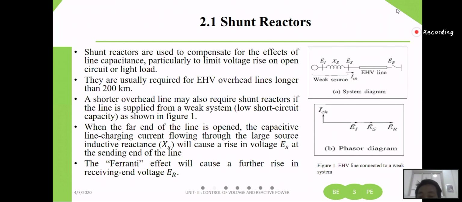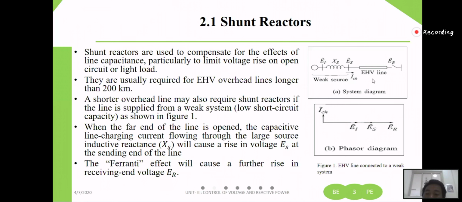With this, we can see that when we switch off the far end line, the capacitive line charging current will flow through this inductive source, which is actually a weak source we have considered, through the large source inductive reactance XS, and it will try to rise the sending end voltage.